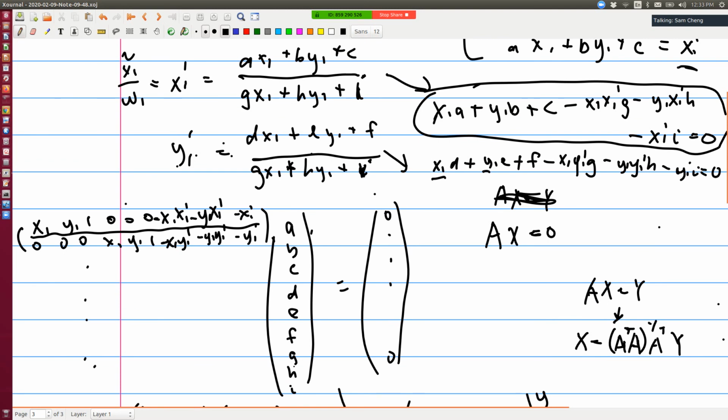So this is the first set of coordinates, and I can write these two lines of equations, right?